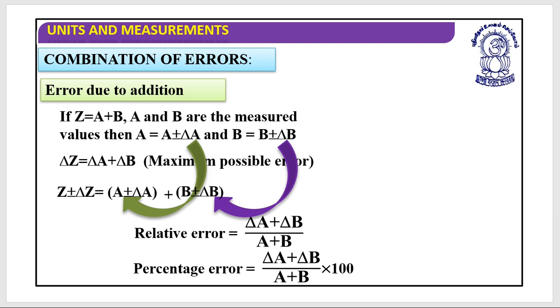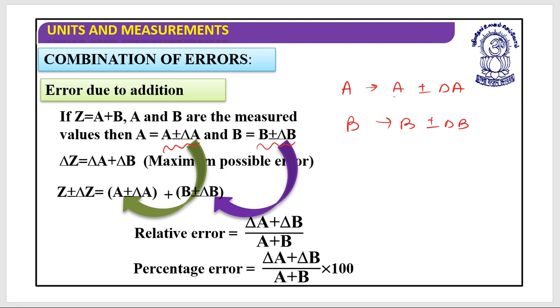Let's say we are going to add or subtract two quantities, A and B, where A is A plus or minus delta A, and B is B plus or minus delta B. We have measured two things, and their observations look like this.